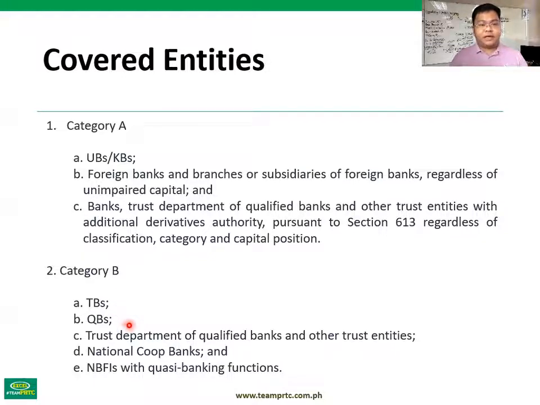Another, we have quasi-banks. We also have trust departments of qualified banks and other trust entities. We also have national co-op banks. And finally, we have non-bank financial institutions with quasi-banking functions.